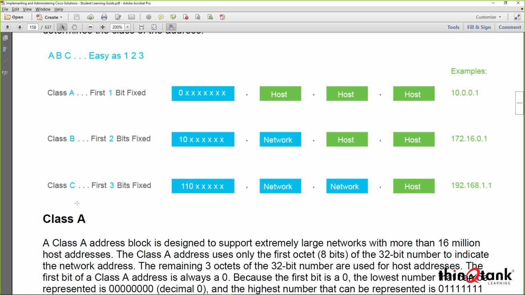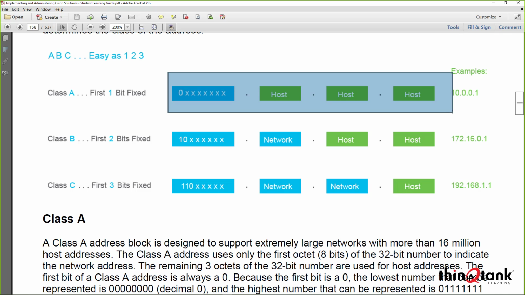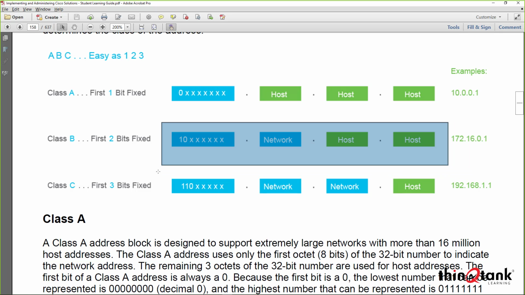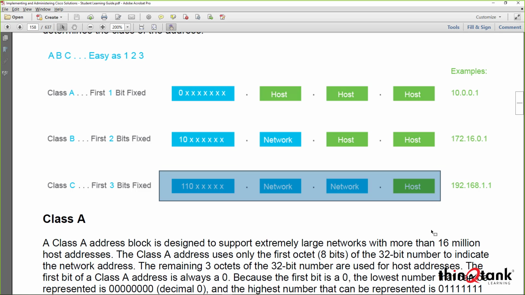If you had an address in the class A space, you always had to have a /8 mask, a 255.0.0.0 mask. If you fell within the class B space, you always had to have a /16 mask. And if you fell within the class C space, you always had to have a /24 mask. There's a reason why this occurred.